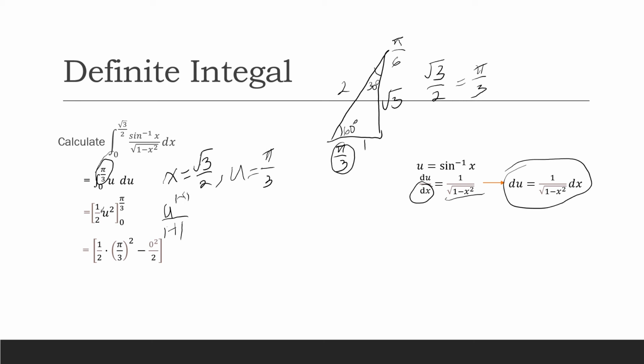When we square the pi, we get pi squared, and 3 squared is 9. So 9 times 2 is equal to 18. So the answer is pi squared over 18.